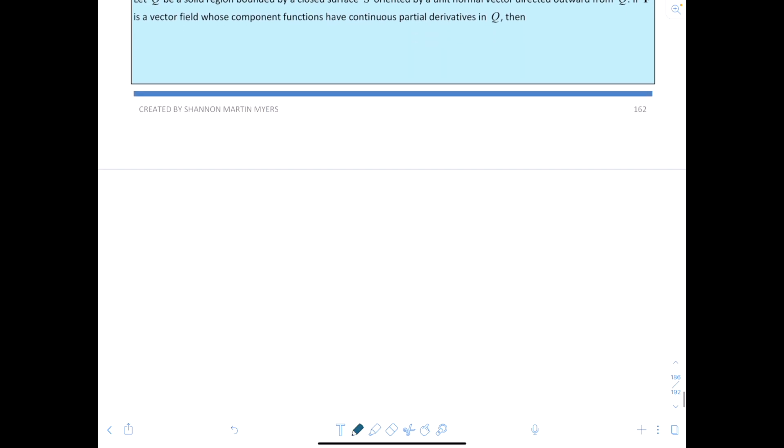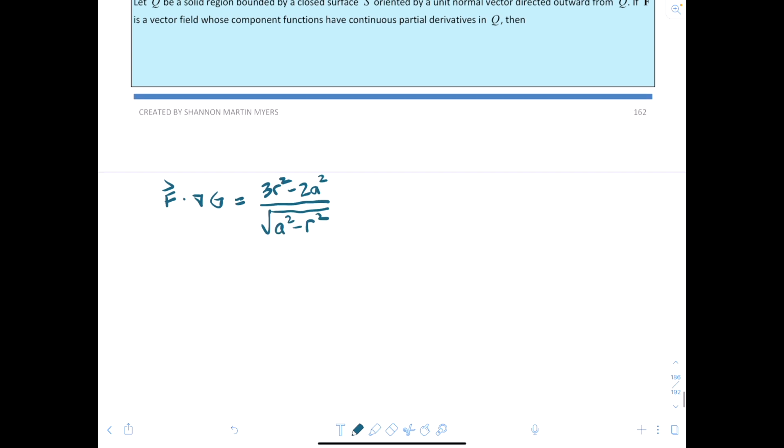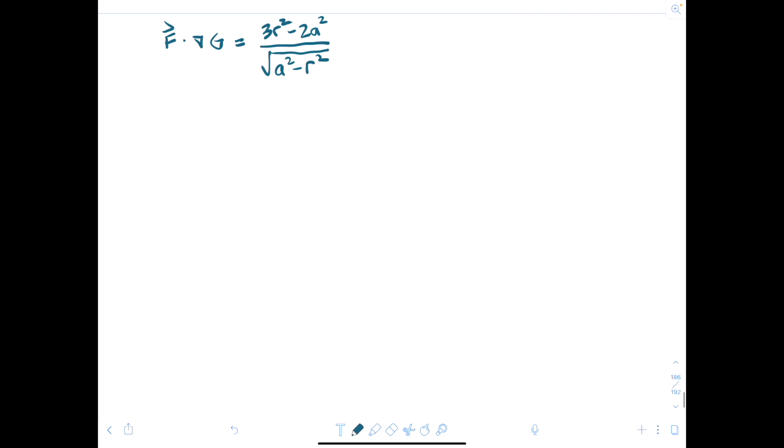So here we ended up with, just to remind you, f dot del g was equal to 3r squared minus 2a squared over the square root of a squared minus r squared. So now what we need to do to find the flux is figure out our region.